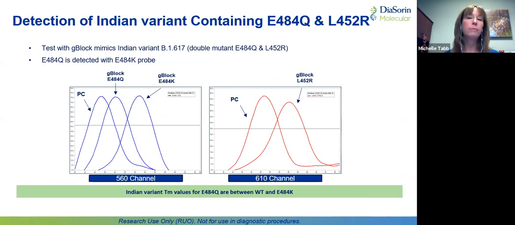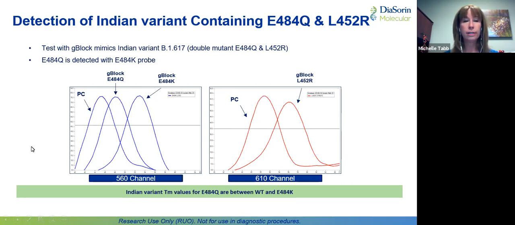And when we use that particular G block in this assay, we can see in the Joe channel, compared to positive control on the left, the E484Q actually has a curve with a TM that's slightly shifted from the pos control, as opposed to E484K, which is the other possible change in that position, which produces a melting temperature even higher, so even further to the right on the curve. So this assay allows you to distinguish in that Joe channel between an E484Q or E484K at that position.